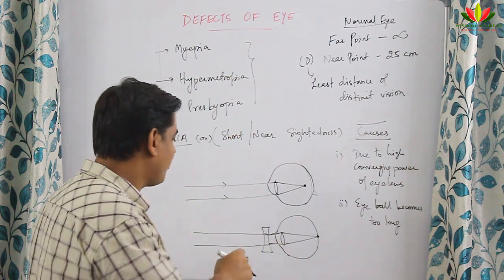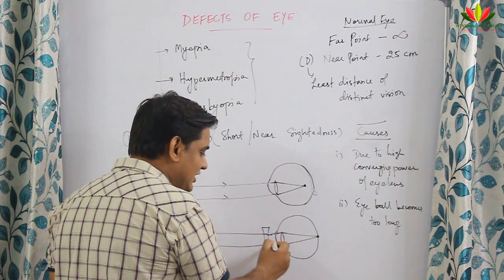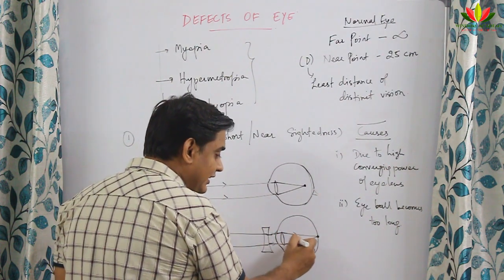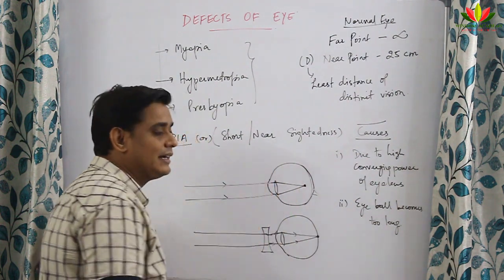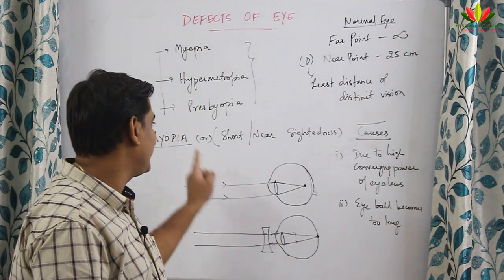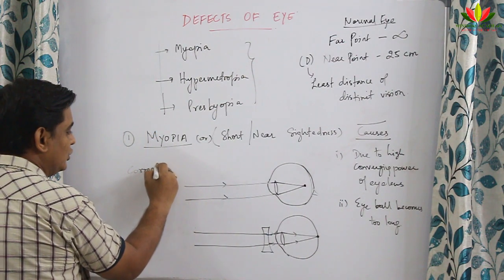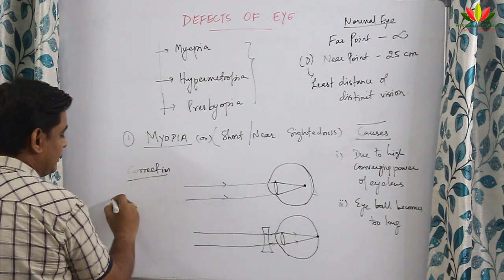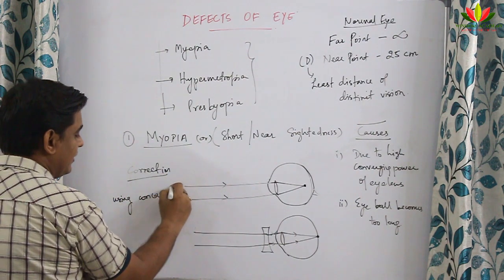So a suitable power of concave lens is given, which will diverge the rays initially, and then they will converge by the convex lens of our eye, and the image will form at the suitable position. So what is the correction for a myopic eye? The correction for a myopic eye is using a concave lens.